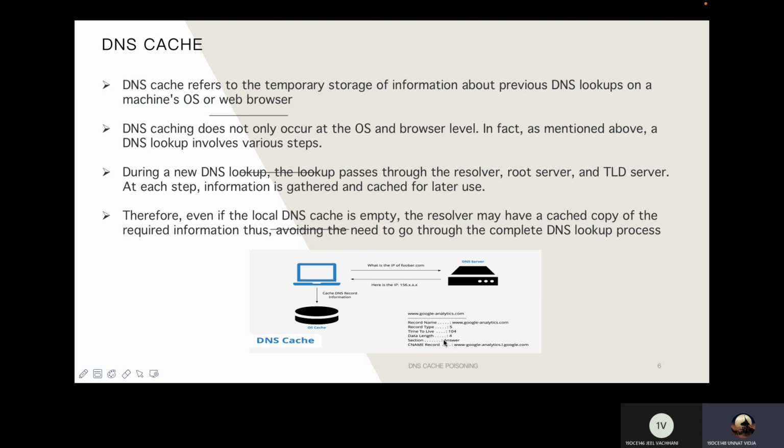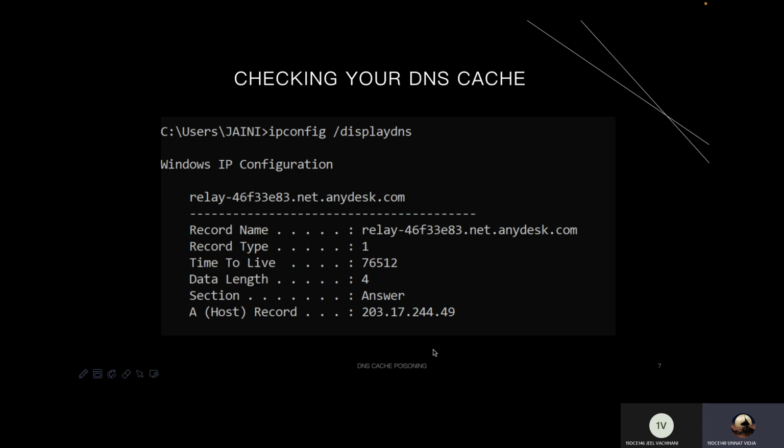Then the record type is also saved, the time to live, and every other piece of information is saved in the DNS cache. So this is called DNS cache, and let's see how we can resolve this DNS problem. I will ask my colleague to give further details on DNS cache solving.